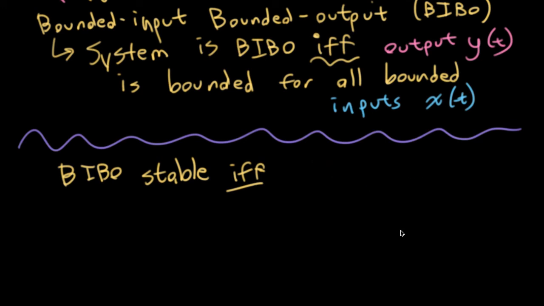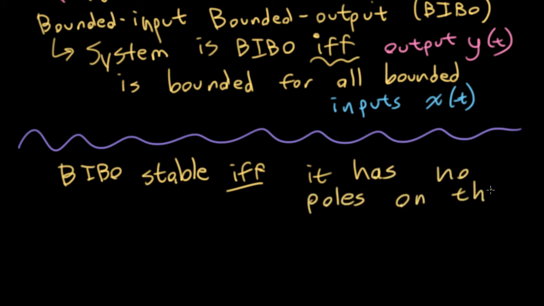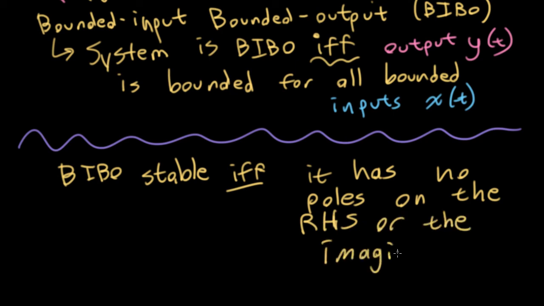Or more to the point, come to think of it, you don't actually have to have poles on the left-hand side. Let me say it like this: if and only if it has no poles on the right-hand side or the imaginary axis. The net effect, of course, is that it can only have poles on the left-hand side.